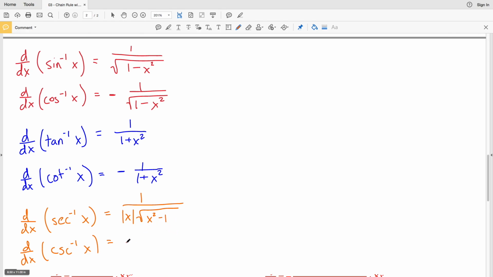And for the cosecant, it's going to be the opposite of that. So the opposite of 1 over the absolute value of x times the square root of x squared minus 1. And this is true for when the absolute value of x is greater than 1. So now that we know each of those, let's jump into our worksheet.